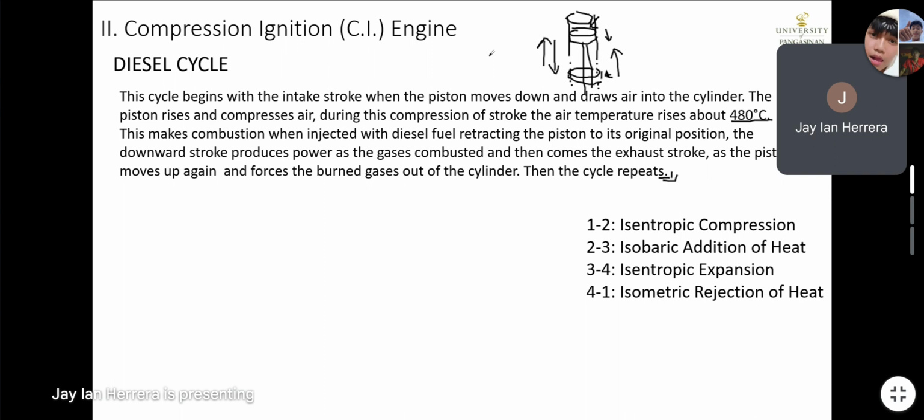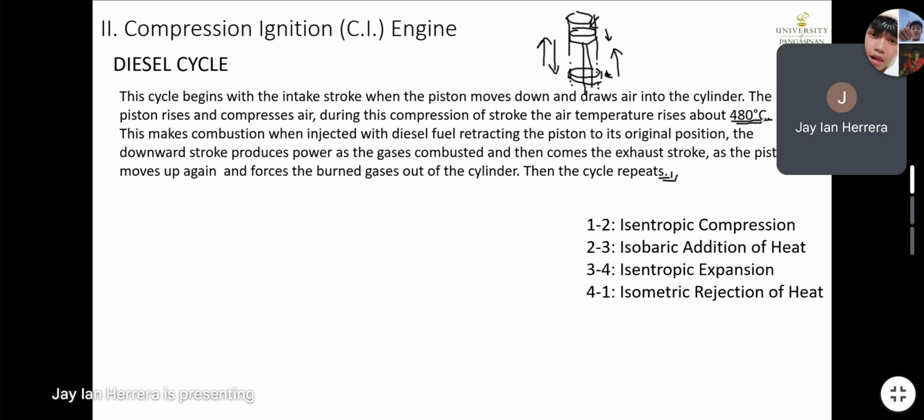Sa diesel fuel naman, kahit magsindi ka ng posporo, lighter, or kandila, itutok mo sa mismong diesel fuel, hindi yan nagliliyab. So, diesel fuel only combusts or reaches its flash point kapag reaching certain high temperatures.